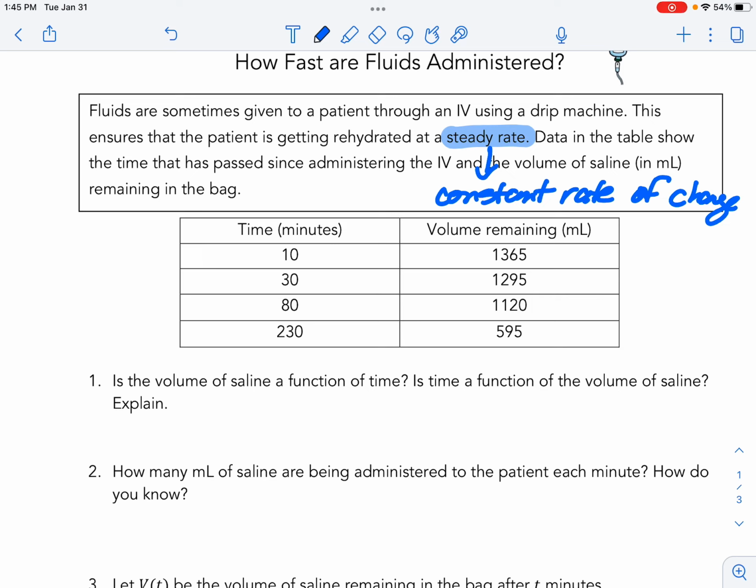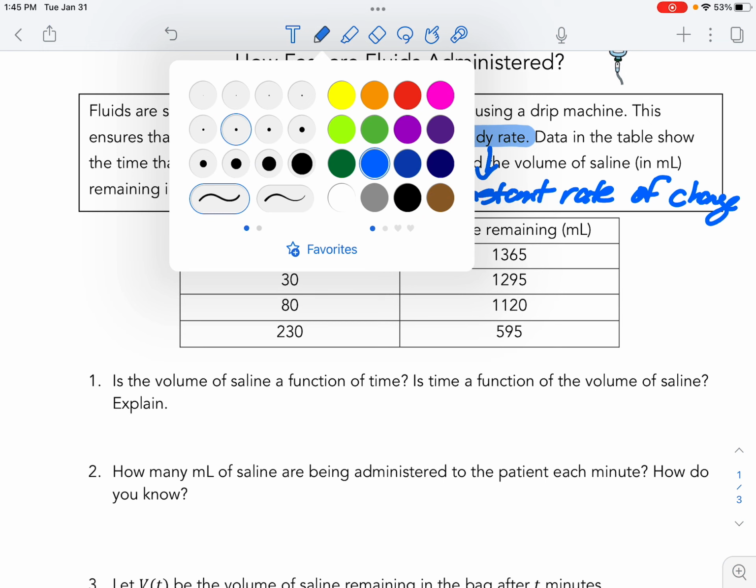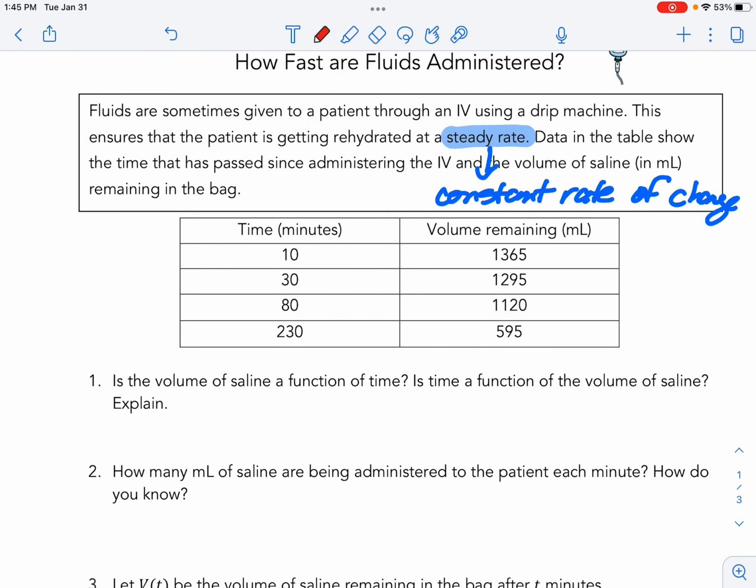I'm going to be able to take any pair of the four numbers I have in this table. Just for purposes of example, let's take a look at 1365 and 1295. So our 2 points in this scenario: we have 1365 and then we go to 1295, which is a drop of 70.